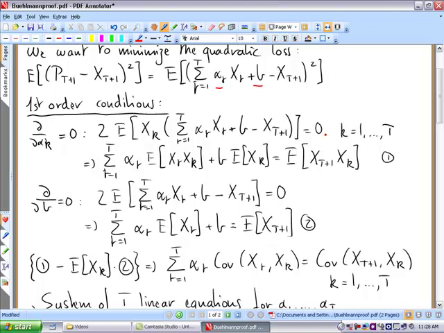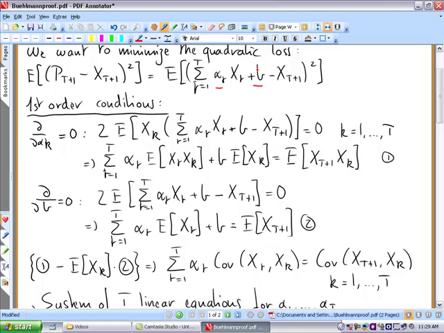You can reorganize this because now the square has disappeared, and the 2 can be dropped, and you have the expected value of alpha times the product of the x's plus the expected value of b times the x minus the expected value of x times the x of next year. So you have a minus, so you put it on the other side of the equality.